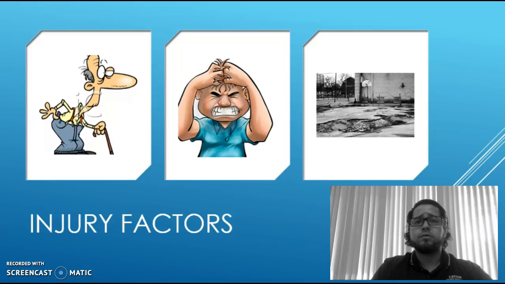And for adults, bones deteriorate as they get older, so it's important for adults to keep active and make sure they get adequate rest and let their muscles recuperate to prevent injury.